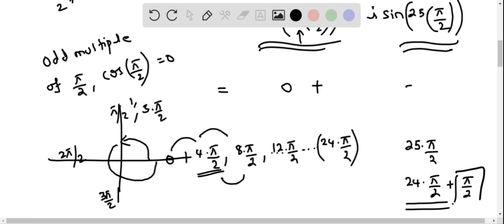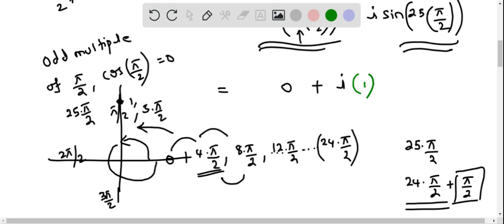And balance, we just have one more π/2. So that is, we have to reach here. So basically, this is the point where 25π/2 comes in. And at this point, the sine value will be 1. So finally, we have figured out that the sine of 25π/2 is 1. So I'm going to put i times 1.